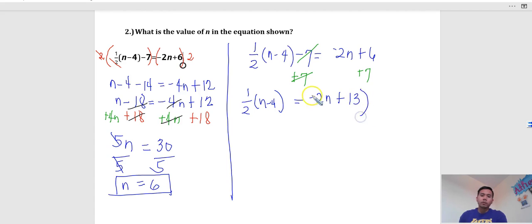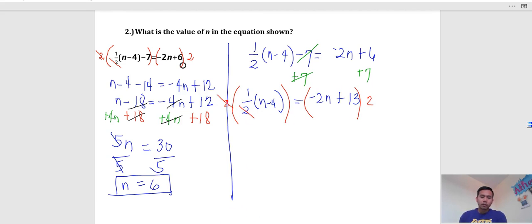So that's the time you have to multiply both sides by 2. If I multiply this one by 2 and by 2, of course this will be canceled out.